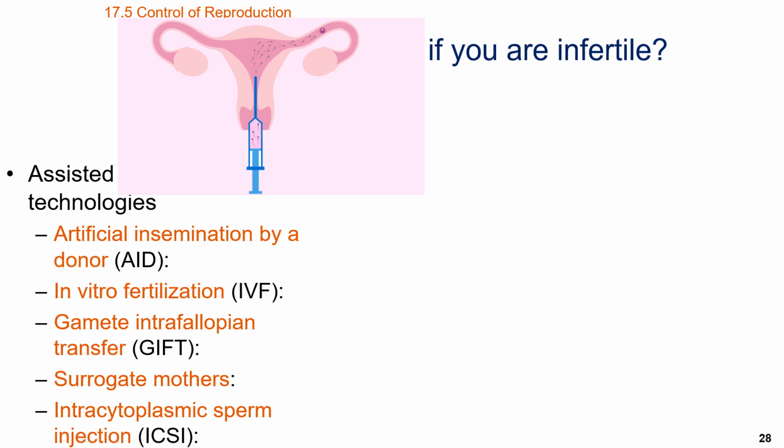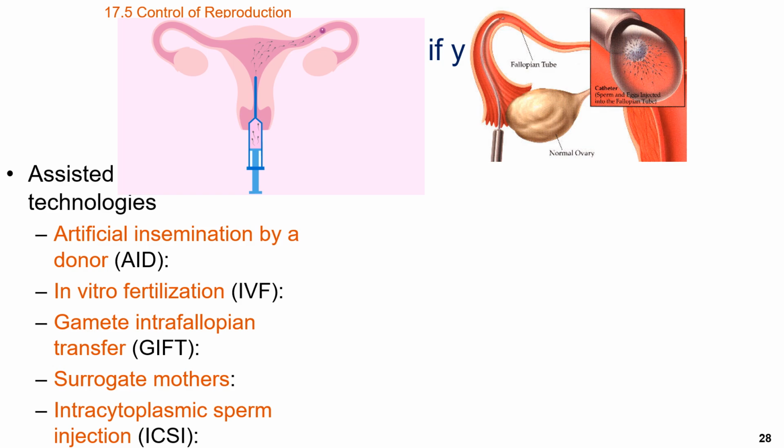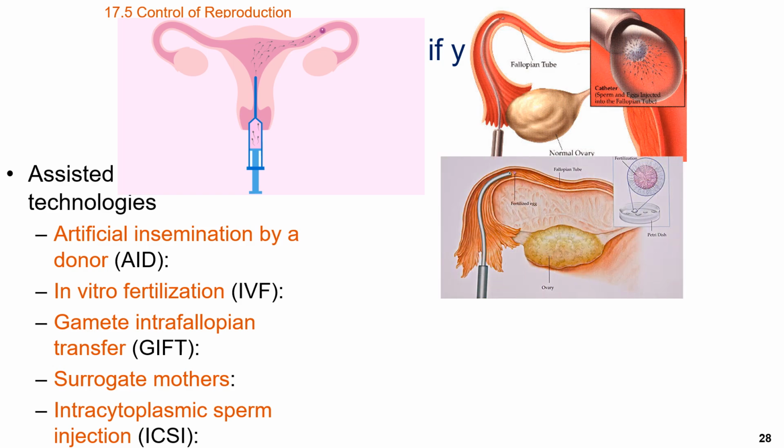Okay. Then we have in vitro fertilization. This picture right here, the one with the petri dish. So an egg and a sperm meet on a petri dish. Fertilization happens, and then the embryo is implanted, you know, into the fallopian tube.